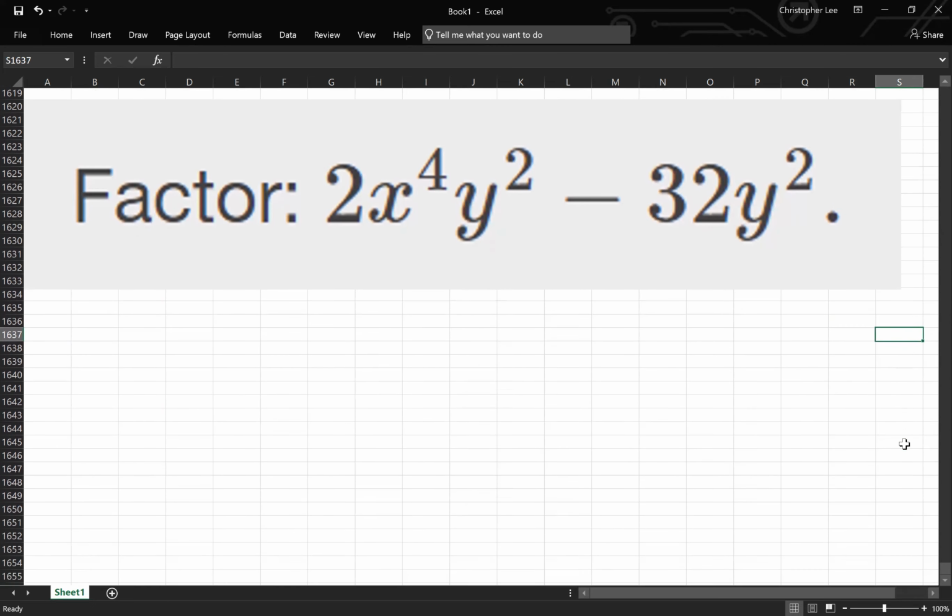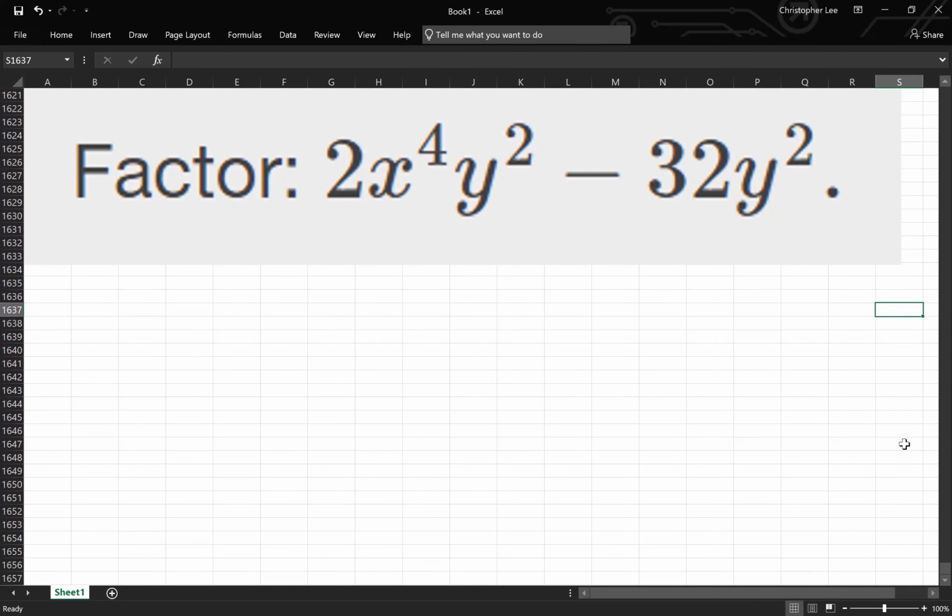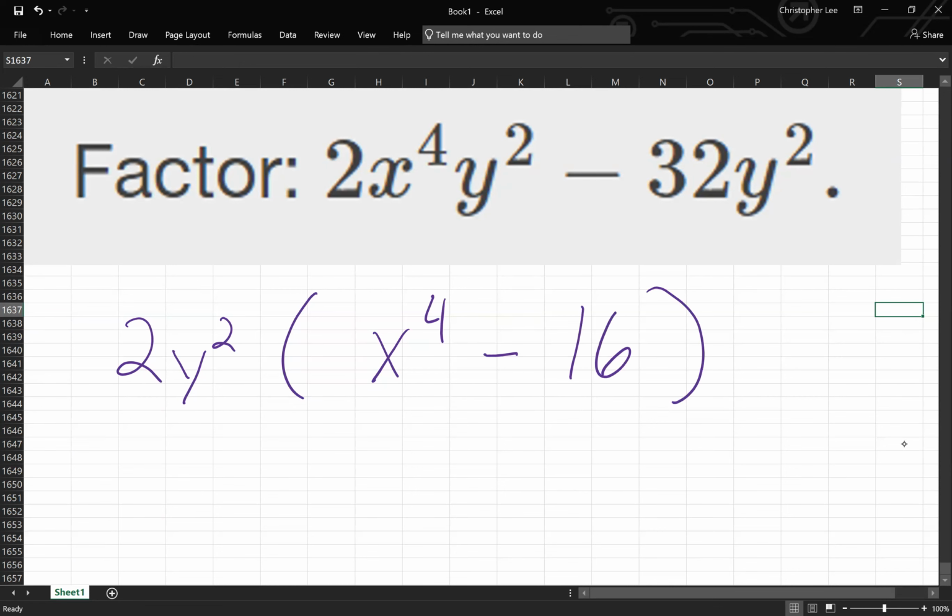All right, let's take a look at this real quick. So what do I do first? Good, good. So I heard 2 what? Y squared, very good. And what's left over? Good. Let's factor that out. What do I have?